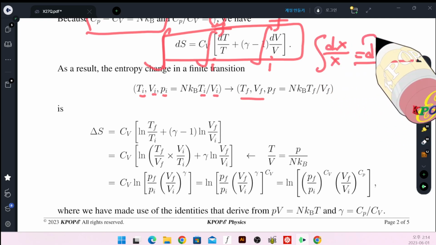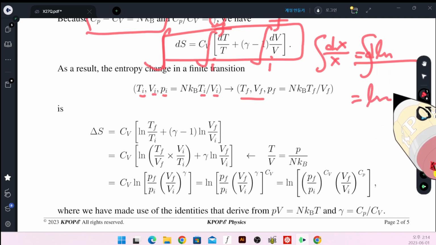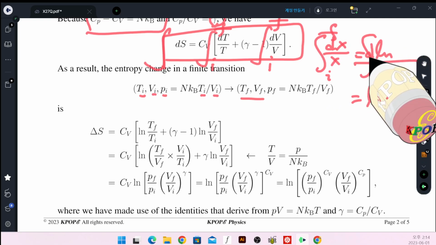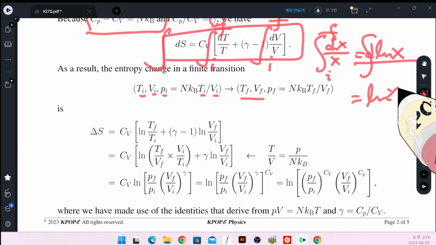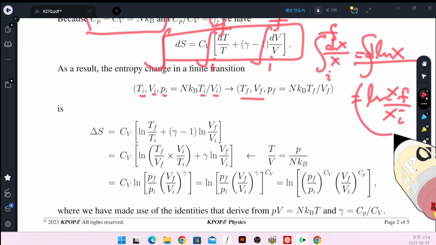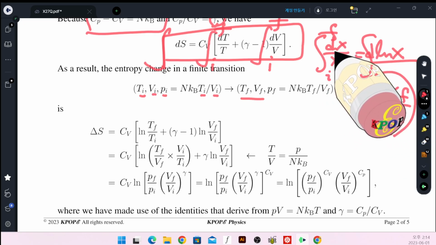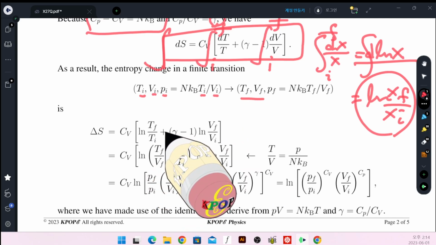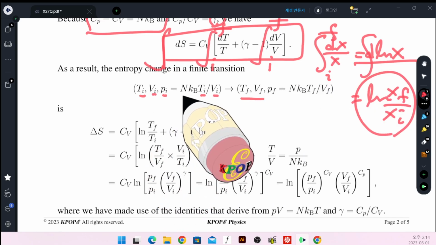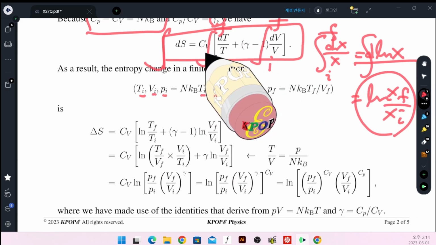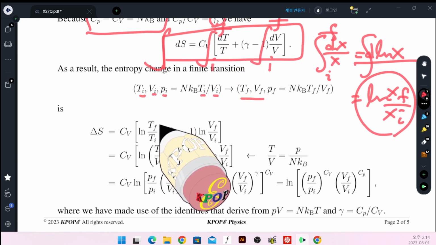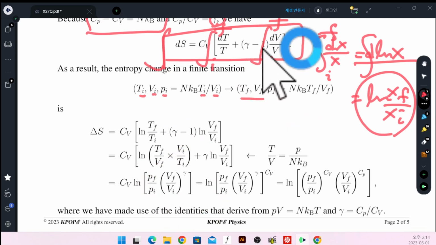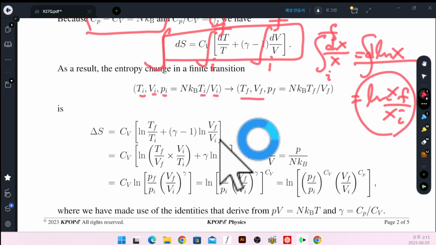If I integrate this from i to f, we have log of xf over xi. So x depends on what parameter appears in the expression. Because it is a temperature, we have the logarithm of the ratio of the final to initial temperature. And then gamma minus 1, we still have this.